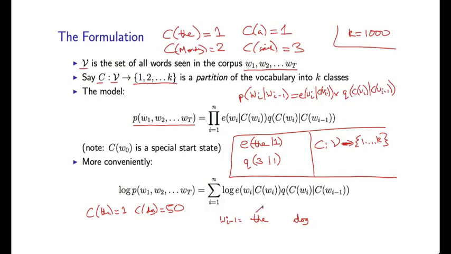Then, in some sense, I'm first mapping the word "the" to cluster 1, and then conditioned on that, I'm mapping to class 50 as the next one, and then I'm generating the word "dog" from this cluster 50. And the result is we have P of dog given the is equal to E of dog given 50 times Q of 50 given 1.